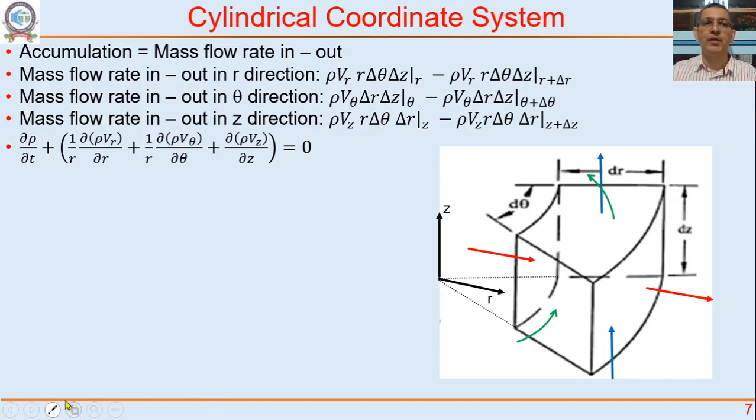So if you write accumulation as mass flow rate in minus out, mass flow rate in minus out in the r direction. So liquid or fluid will enter this box in the r direction. Because of only velocity in the r direction, it will enter through an area which is perpendicular to the r direction, which means this curved surface and this curved surface.